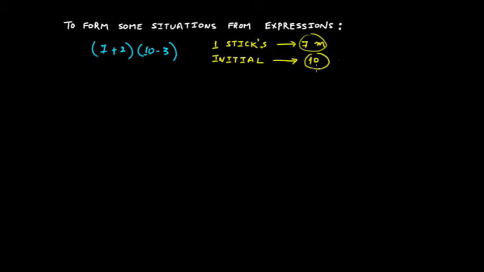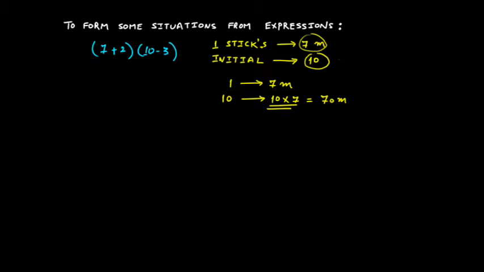The total measurement of the length of all those sticks: for one it is 7 meter, so for 10 it would be 10 multiplied by 7 is equal to 70 meter, right? That is the total combined length of all those sticks. Now what if we increase the length of each stick by 2 meter?